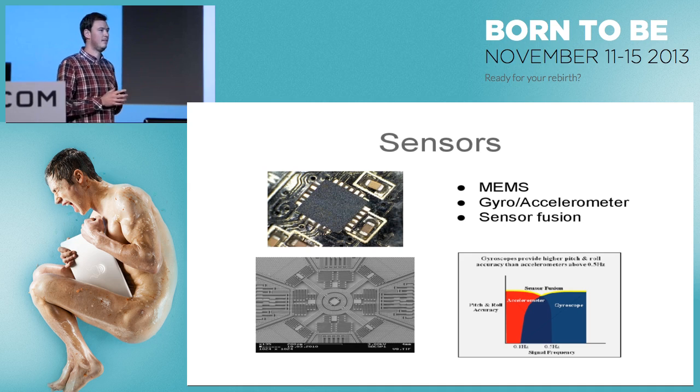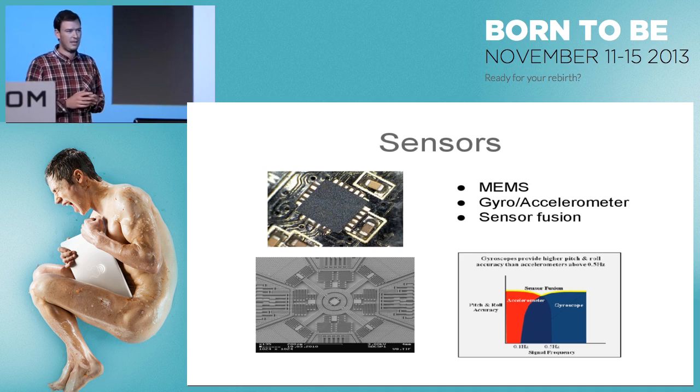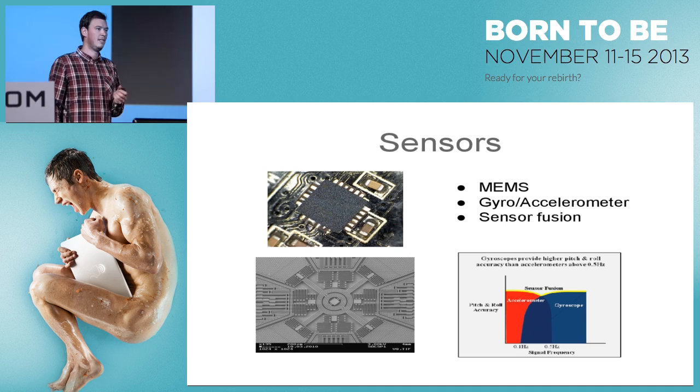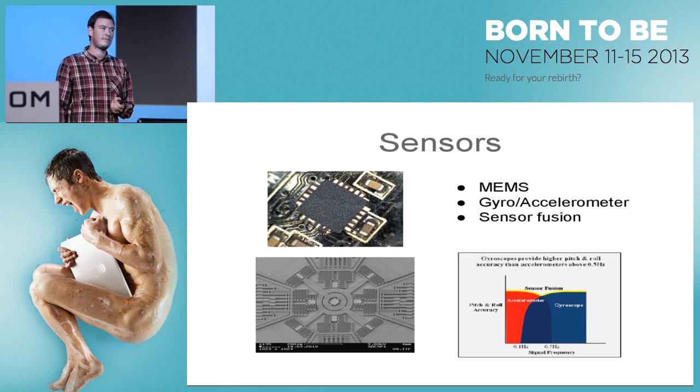For that, there is this new technology, MEMS technology, which you probably heard of, where you have miniature machines etched into silicon, like the picture down there, which is a 3-axis gyroscope the size of a hair. You can fit this into a really small package, which is really cool.